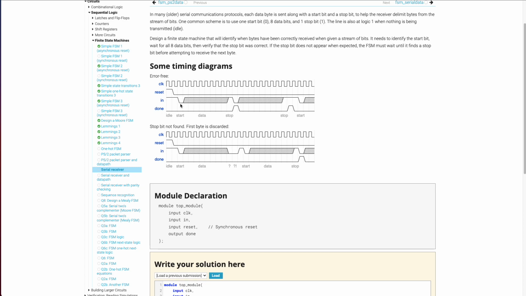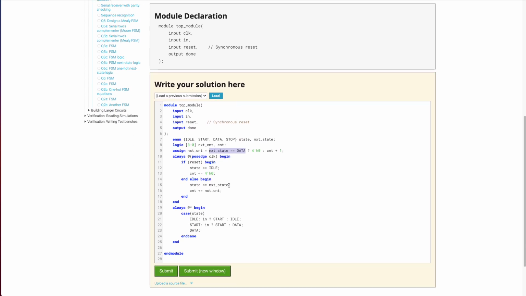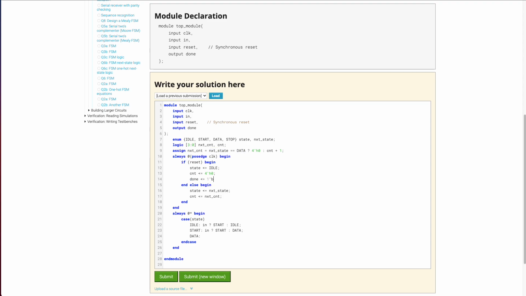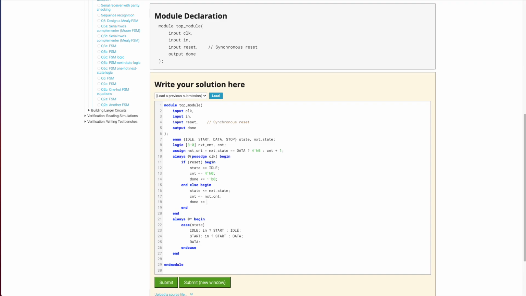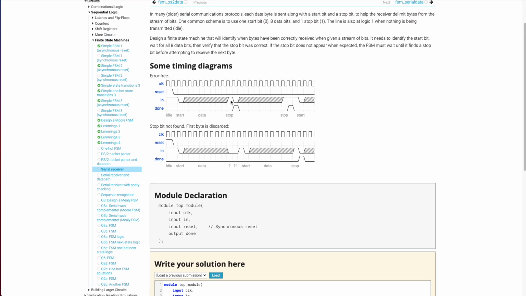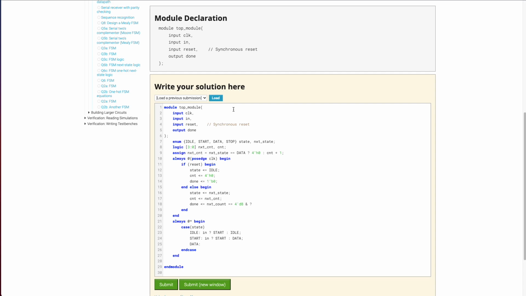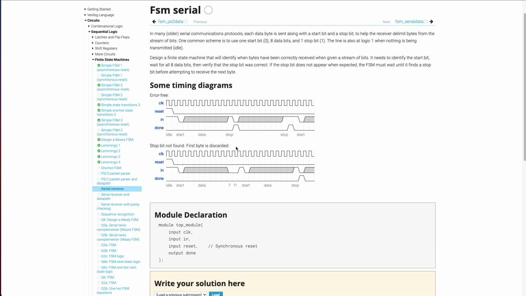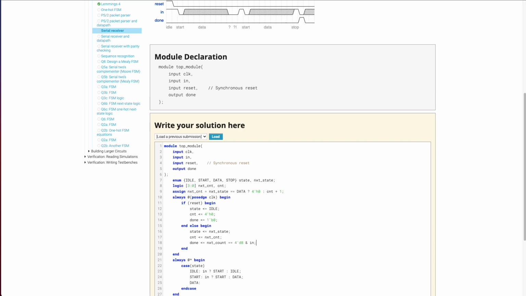So 0, 1, 2, 3, 4, 5, 6, 7, 8. 8 and in is when I assert stop. If 8 and in, then do that.